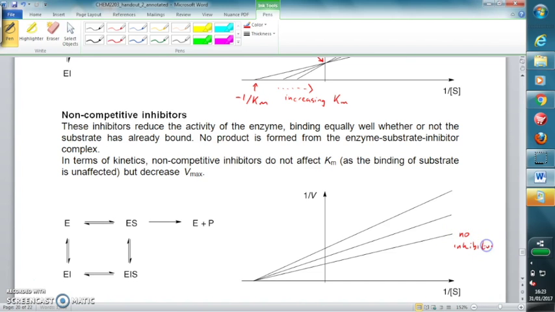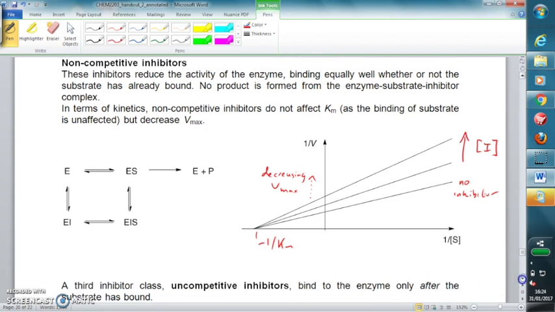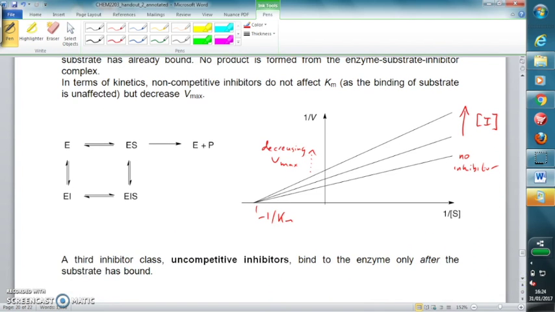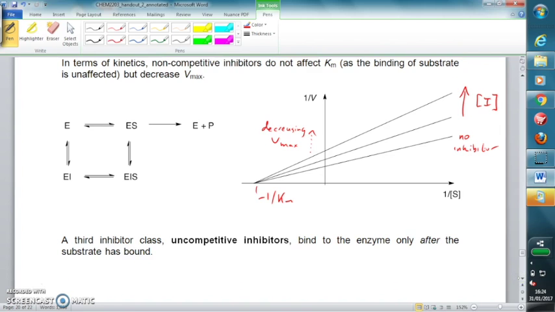So there's no inhibitor here, there's increasing concentrations of inhibitor. Okay, so minus 1 over Km stays constant. But as Vmax goes down, obviously 1 over Vmax goes up, and so we get this sort of series of Lineweaver-Burk plots.